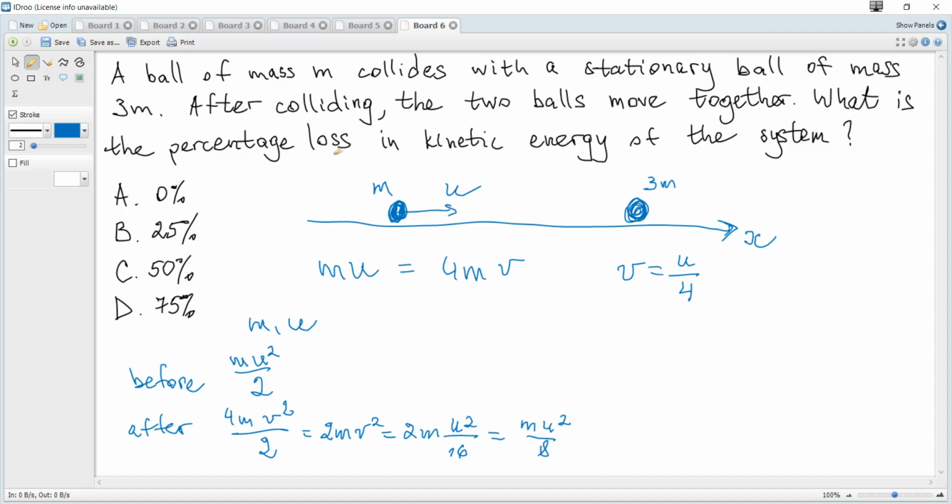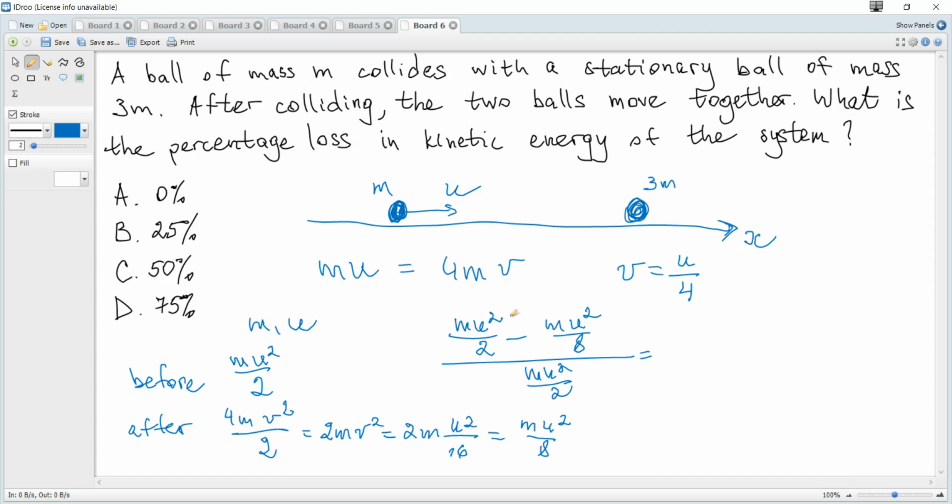And percentage loss. So before is greater, so the loss is mu squared over 2 minus mu squared over 8, and as a percent of the initial, it's over mu squared over 2.